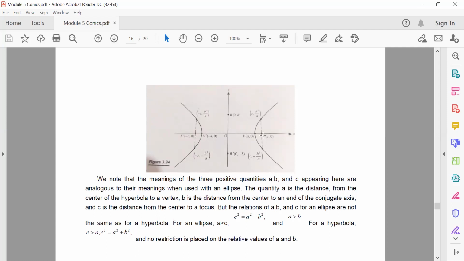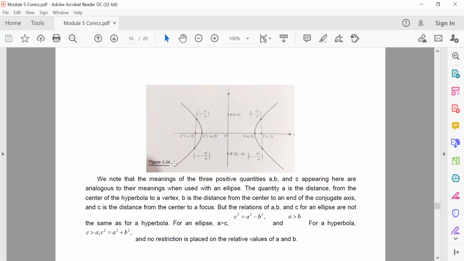Ganun din sa origin to foci. Equal yan. The axis that contains the foci, the center, and the vertices is called the focal axis or the principal axis. Kung nasaan ang vertices at foci, ang tawag sa axis na yon ay principal axis. So ito, ang principal axis natin ay x kasi nga nandun ang major axis, nandun ang transverse axis. The center is also the midpoint.